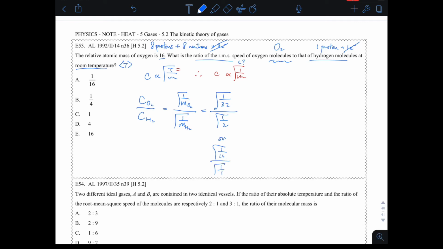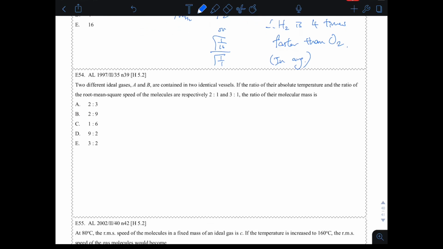That is, you put in 16. It is exactly the same. Then we have the simplified version of 16, which is 1 over 4 here. That means the hydrogen molecules are moving 4 times faster than the O2 molecules in general, because it is the root mean square, somehow one of the calculation methods for the average. Okay, in average.